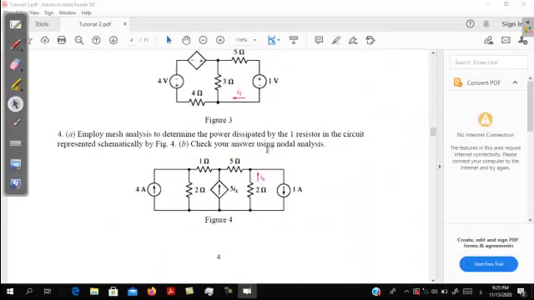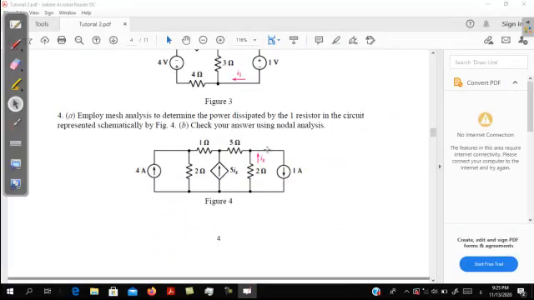We go to problem number 4. In problem number 4, we need to apply mesh analysis to find the current in the circuit, and also we need to find the power dissipated by the 1 ohm resistor. This is the 1 ohm resistor.